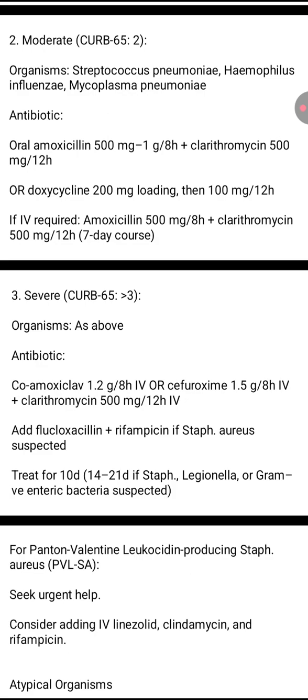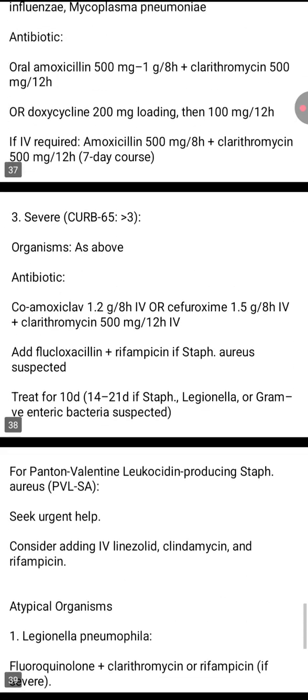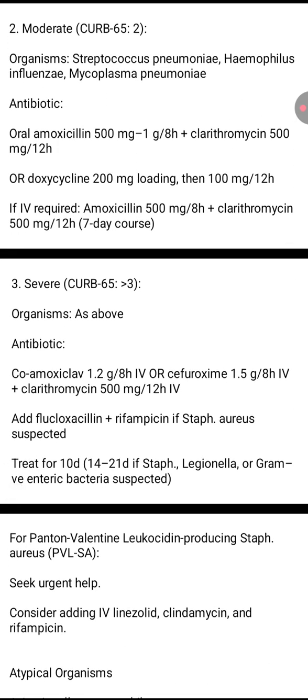Then for severe pneumonia, which is CURB-65 greater than 3, the organisms are as above: Streptococcus pneumoniae, Haemophilus influenzae, and Mycoplasma pneumoniae.